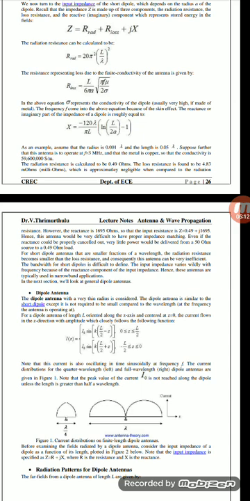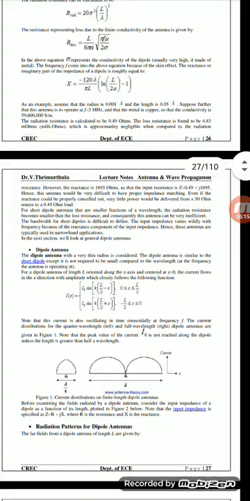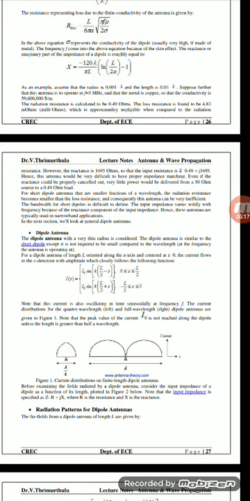Consider a dipole antenna with a very thin radius. It is similar to the short dipole, except it is not required to be small compared to the wavelength of the frequency at which the antenna is operating. For the dipole antenna, the current I of z equals I naught sin of k times (L by 2 minus z) for z from 0 to L by 2, and I naught sin of k times (L by 2 plus z) for z from minus L by 2 to 0.